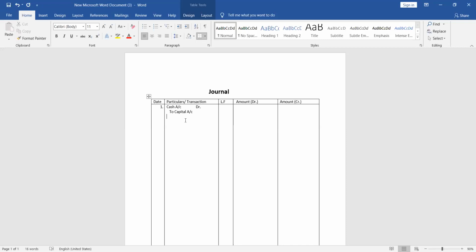Whenever you pass the entry, under the entry in brackets, a brief explanation is to be written. Whenever you write this brief explanation, it is known as narration. So what is to be written over here? AMT dot is the abbreviation of amount, or capital invested by the entrepreneur.